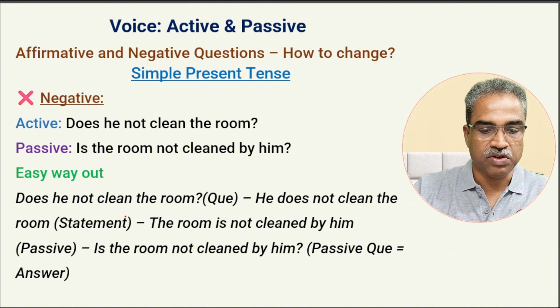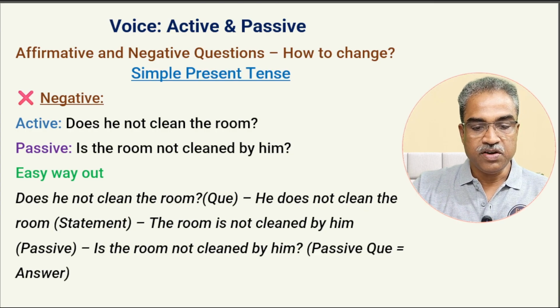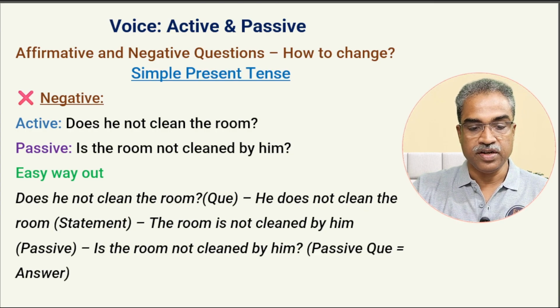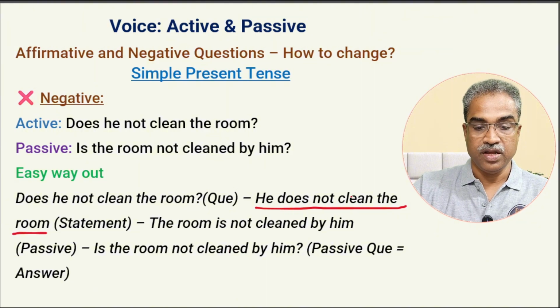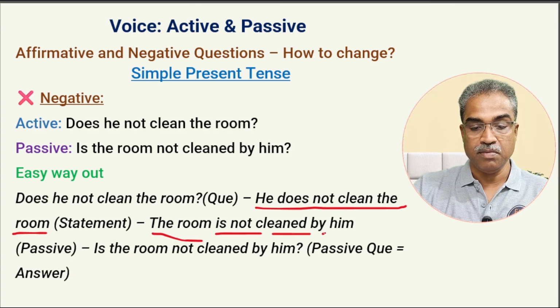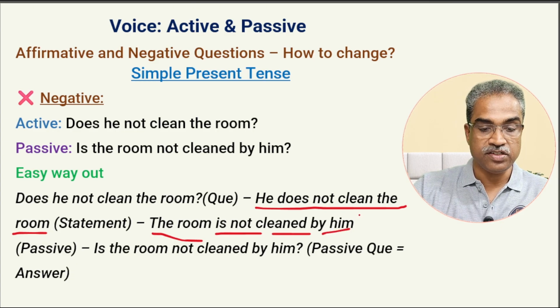So coming back to our question, does he not clean the room? Original question. When changed, no, he does not clean the room. Now this is a statement. Now what do we do with this statement? Change it into passive voice. He does not clean the room. The room is not cleaned by him. Now change this passive form into its question.